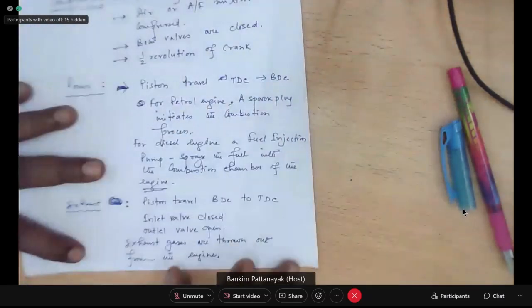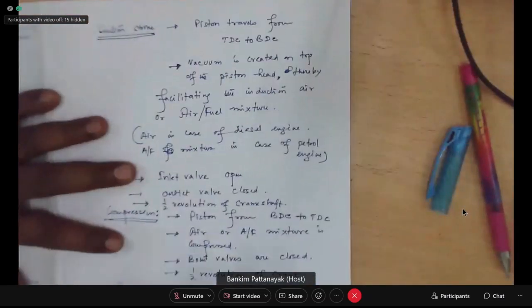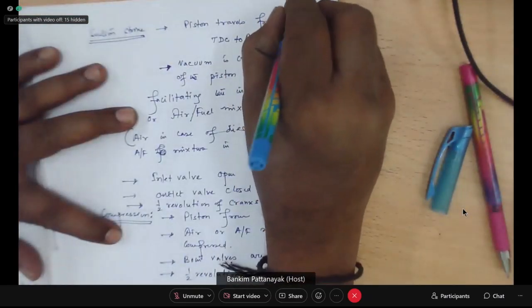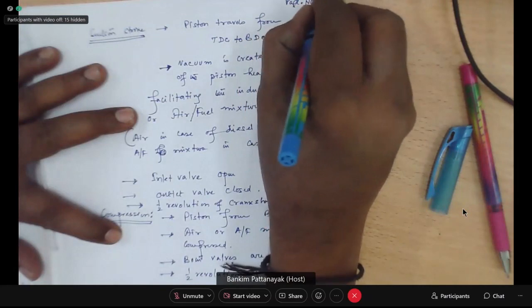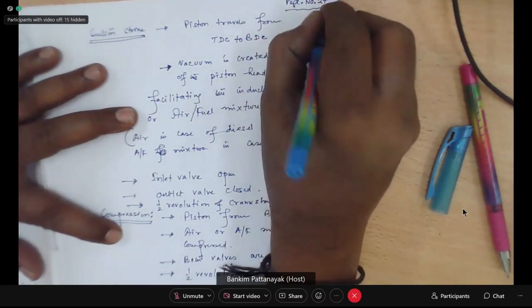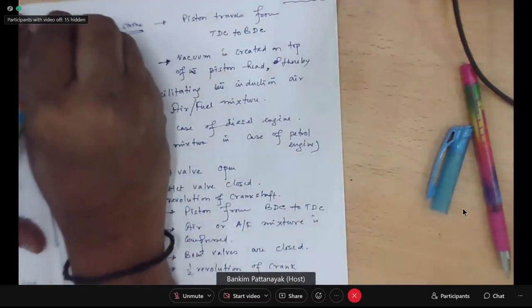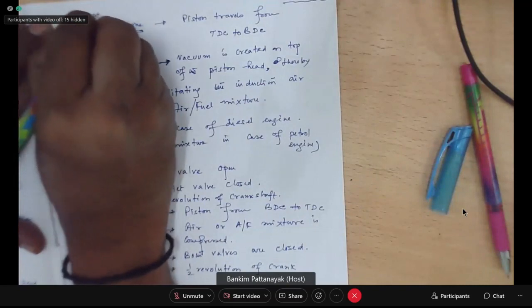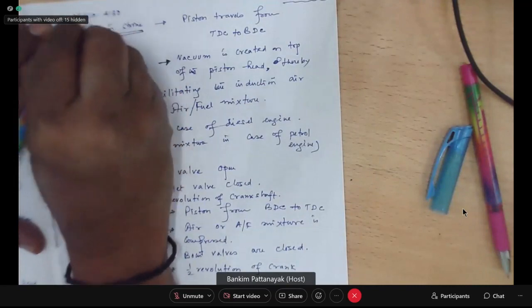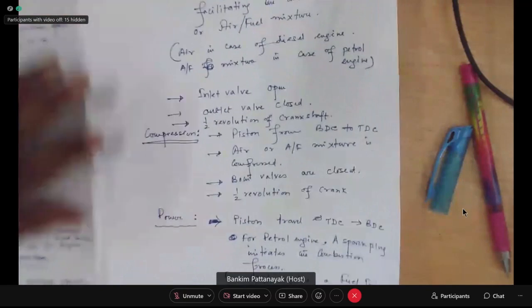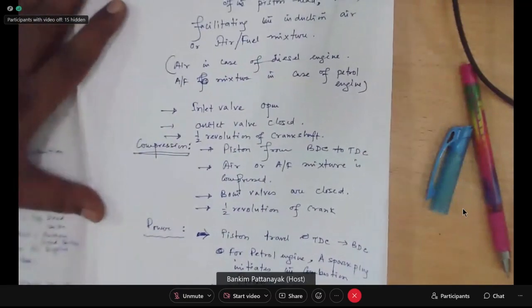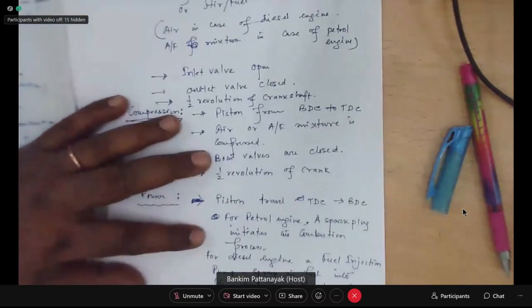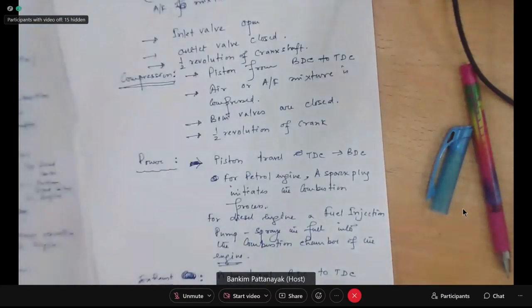The whole cycle completes. Now, this exhaust gas is actually causing all the environmental trouble.